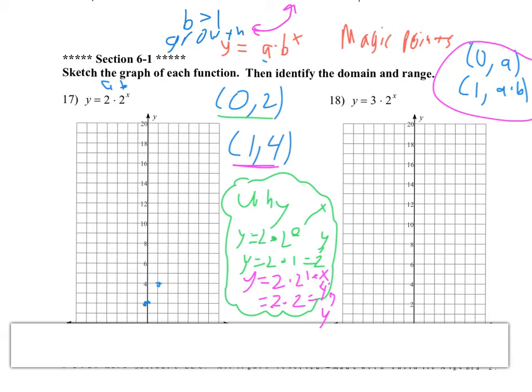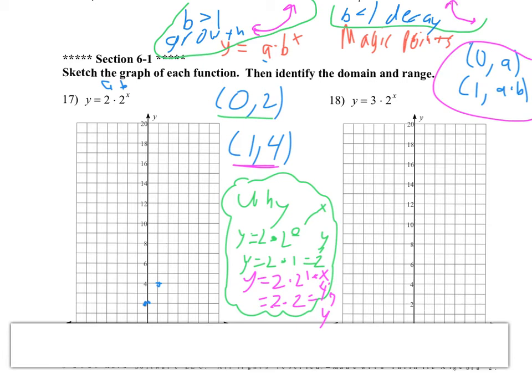And then if b is less than 1, that's what we call decay, and the graph is going to look like this. So it's kind of just flipped around.